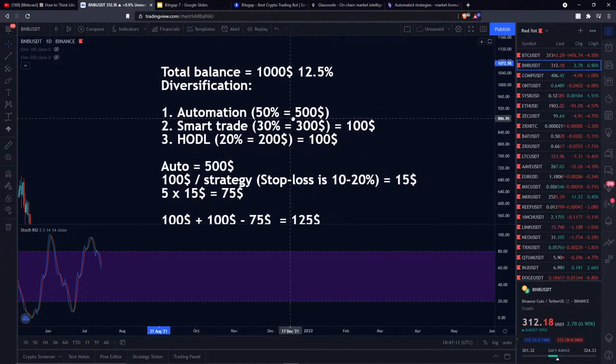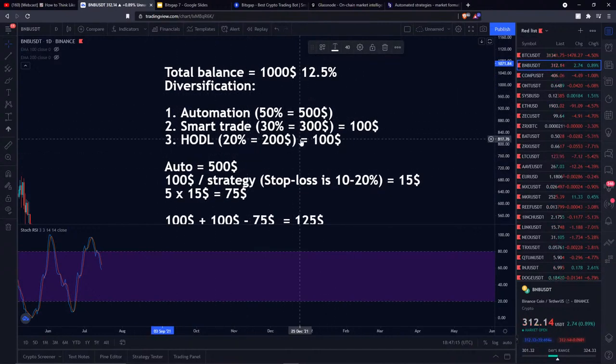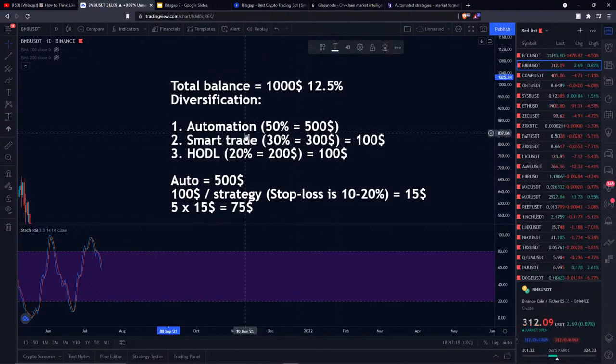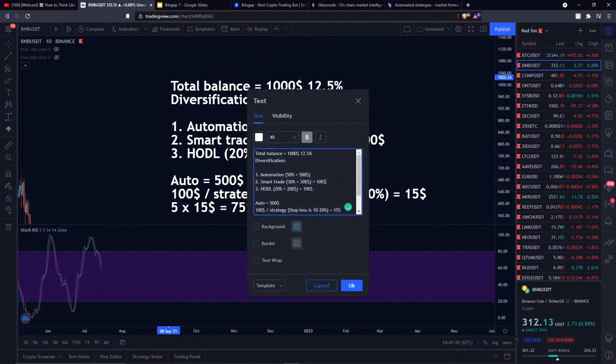If you feel like this ratio is good for you, stick with it. If you feel like you are losing too much, let's say in smart trade, but you actually make a pretty decent sum of money in automation and in HODL, then maybe it makes sense for you to spend less on smart trade, let's say 10%, and focus more on automation and HODL.